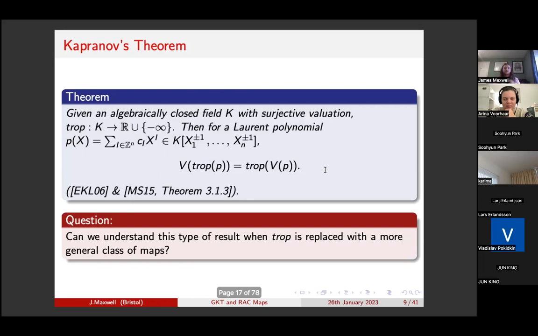So instead of a valuation from a valued field to the tropical semi-ring, let's loosen some of the constraints and give a slightly more general type of map. Do these results still hold? What I'm going to do today is hopefully give you some examples and show you that it does in some nice, more general settings.